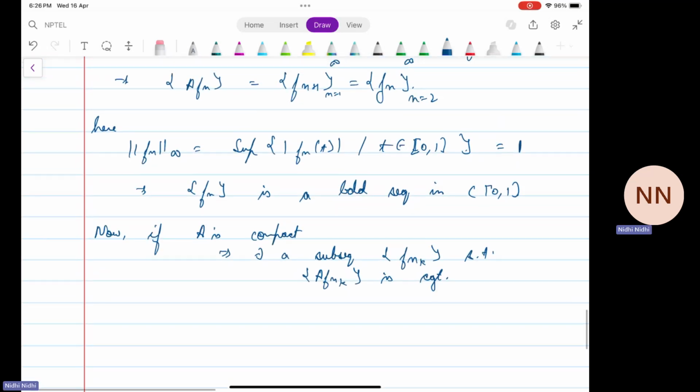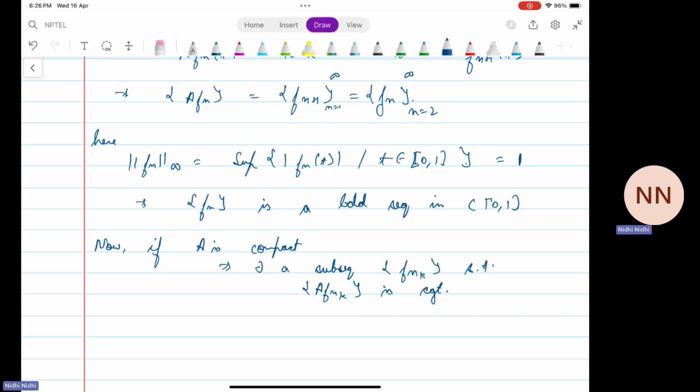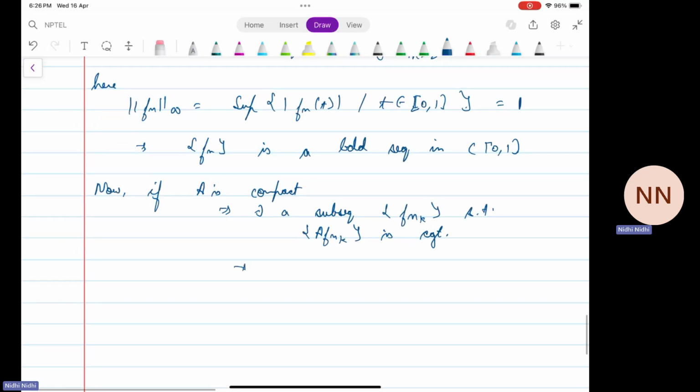Since AFnk is nothing but Fnk plus 1, this implies Fnk plus 1 is convergent in V, which is C[0,1].